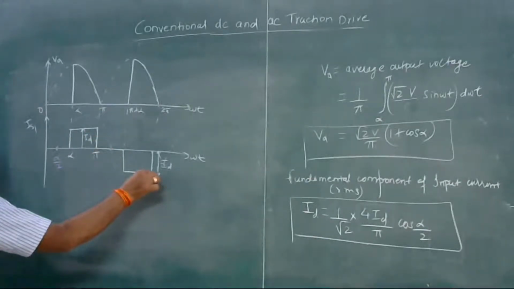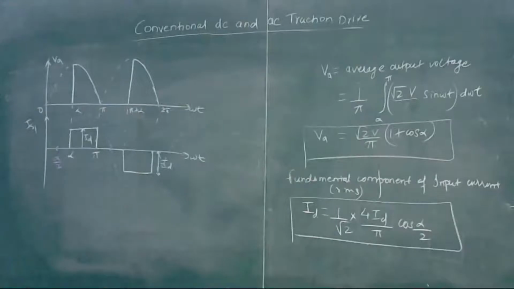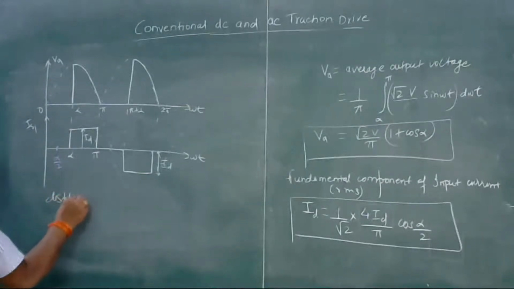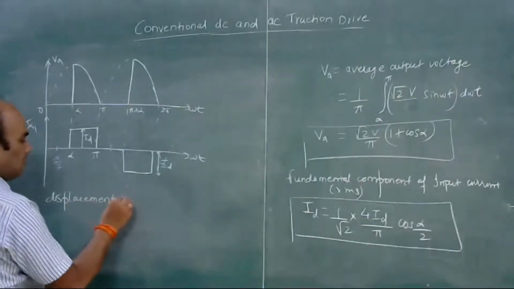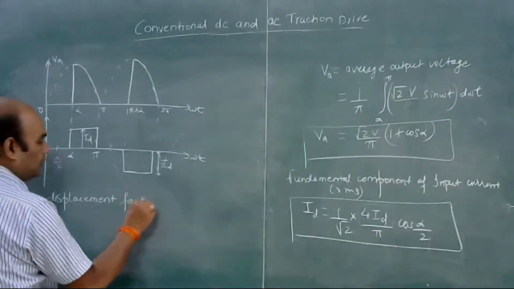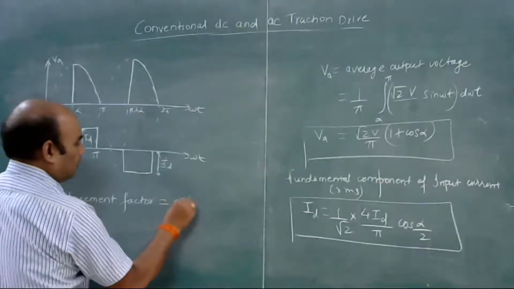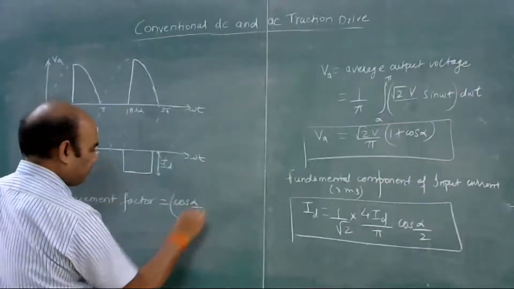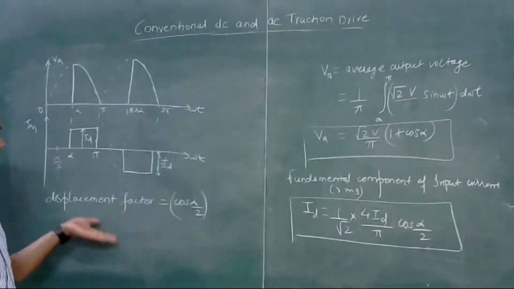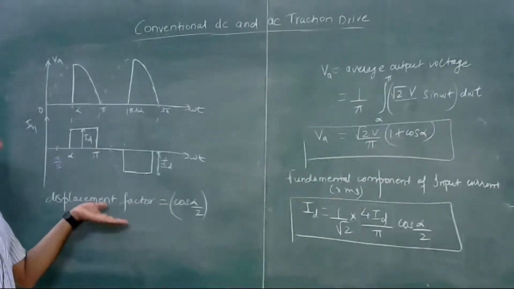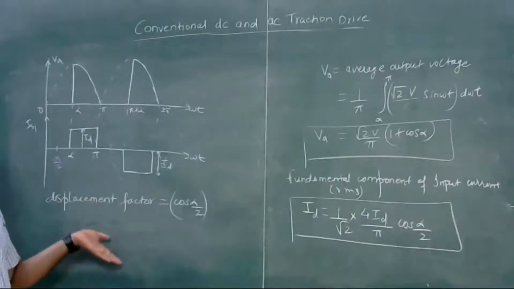So the displacement factor, or the current displaced with respect to this voltage, is cos alpha by 2. Okay, as this factor goes on increasing, the power factor becomes lower and lower.